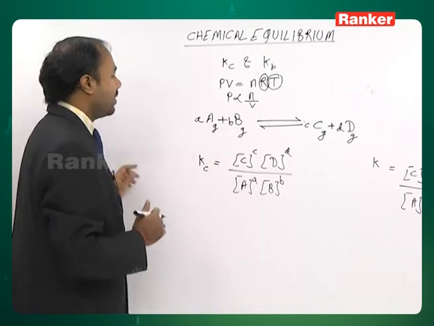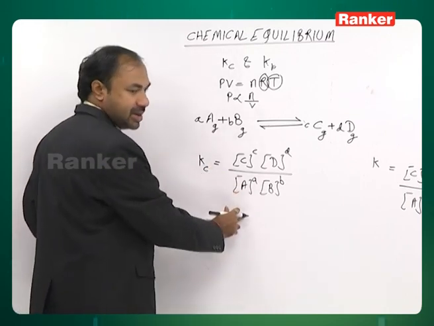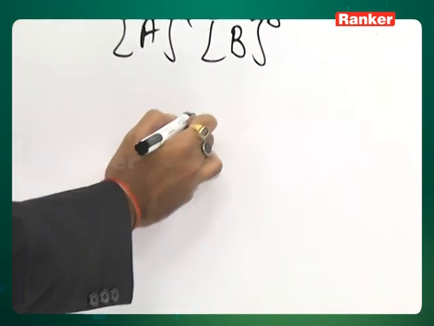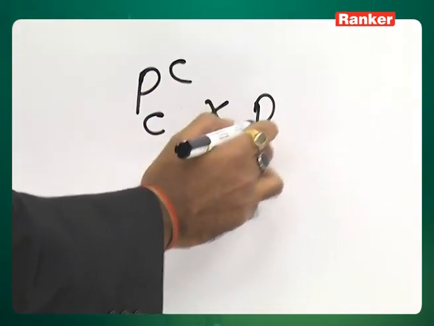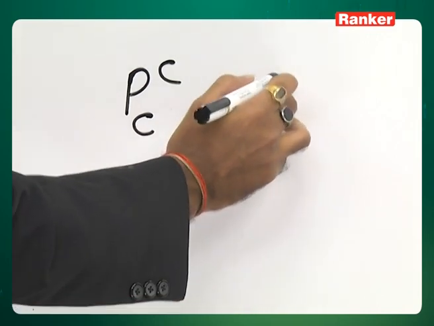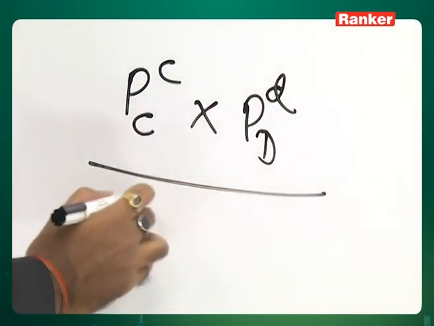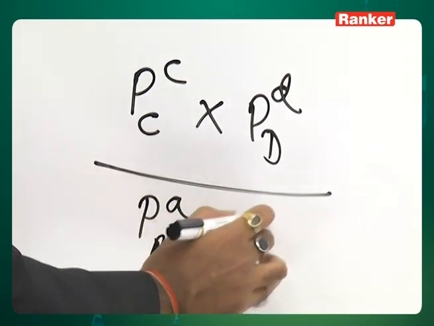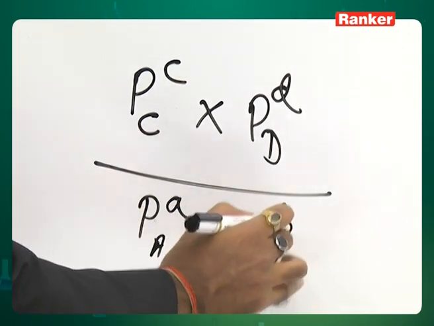If we write it in terms of partial pressures, then the same expression becomes partial pressure of gas C raised to power c into partial pressure of D raised to power d, upon partial pressure of A raised to power a into partial pressure of B raised to power b.